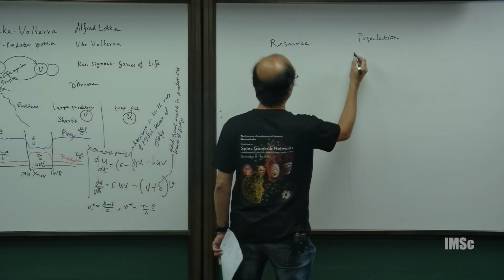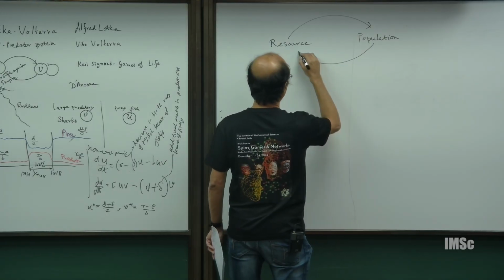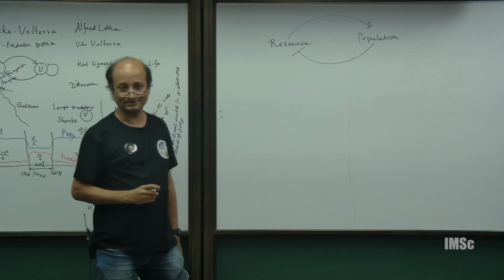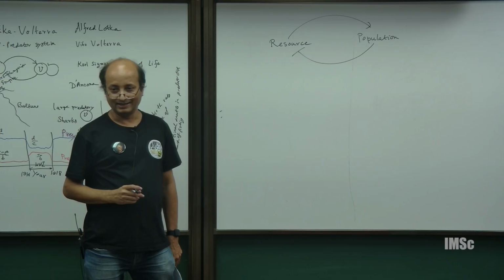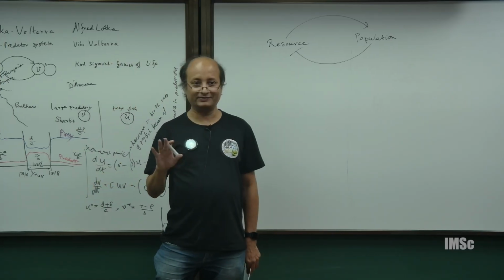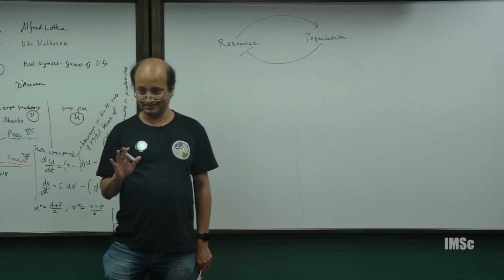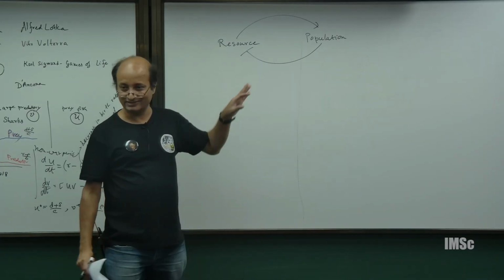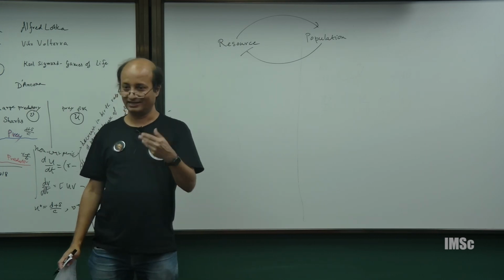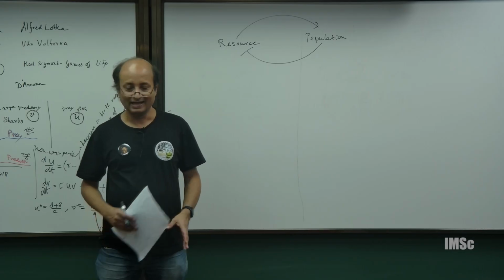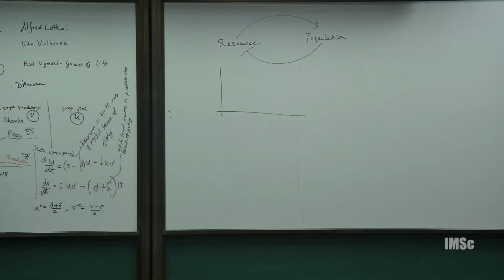What is happening between them is that the resource is being depleted by the population. In a qualitatively similar way, you can think of it as a predator-prey system. There is a rate at which the resource is renewing itself, but the population is typically going to grow much faster, the typical Malthusian model. And this will result in something like this.